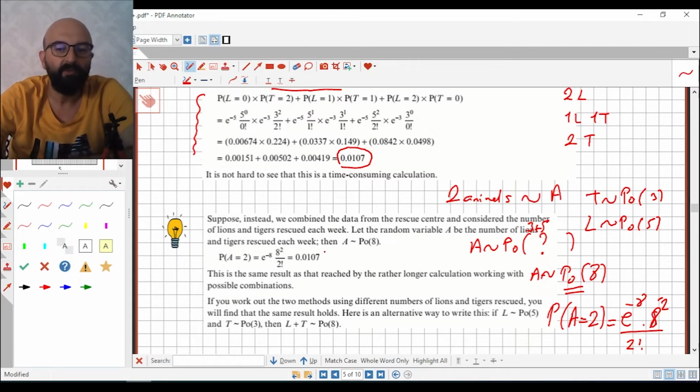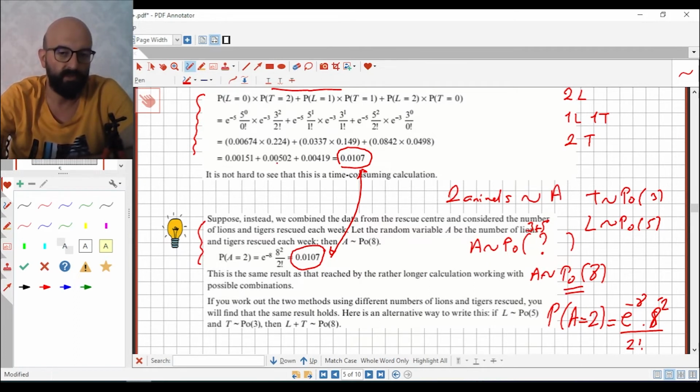And when you look at the result, this result is the same as the result before. So the second process is very easy and very short compared to the before process.